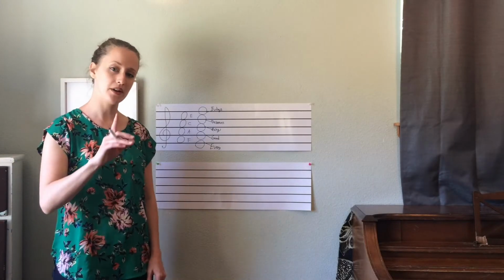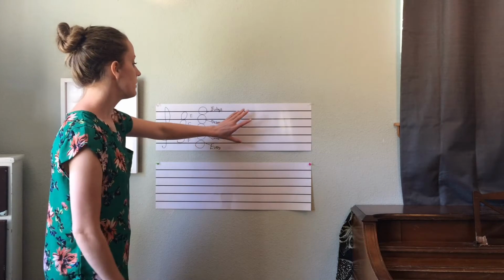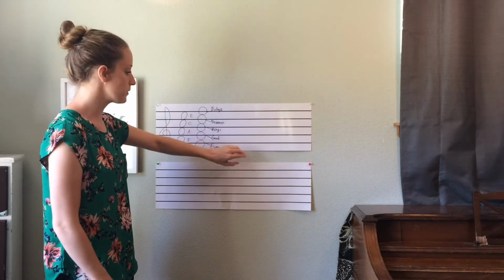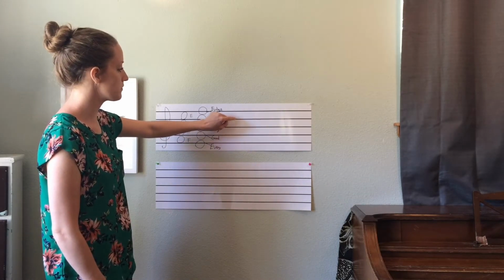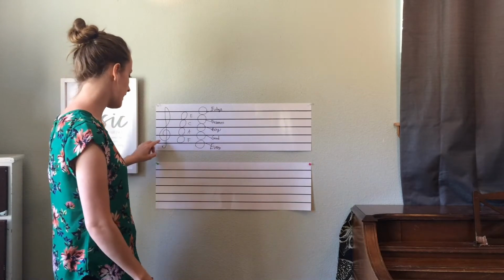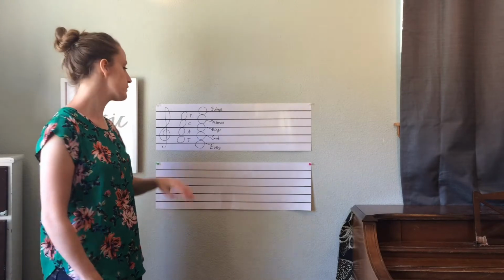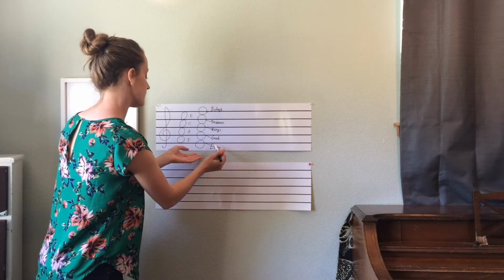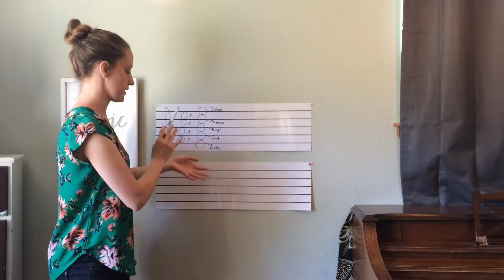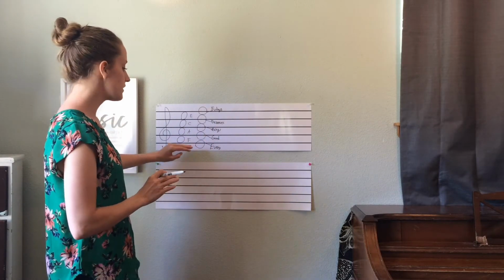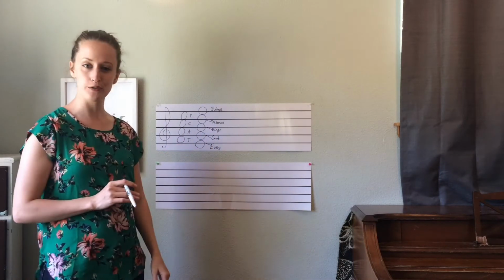All right, an assignment I have for you is to, whether you have staff paper or if you want to write this out, just 1, 2, 3, 4, 5 lines and add your clef on there, you can write this out for yourself. You can add the letters and the words and all of the things to it, and you can also make it colorful.